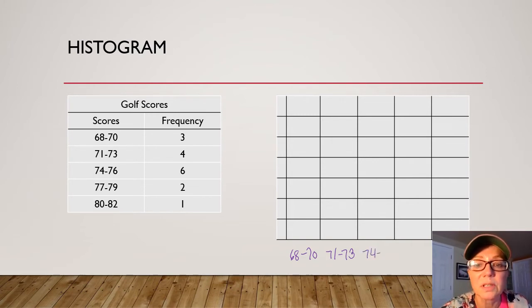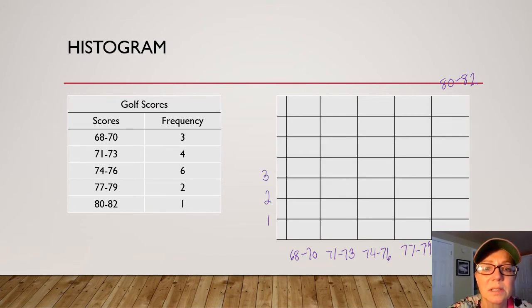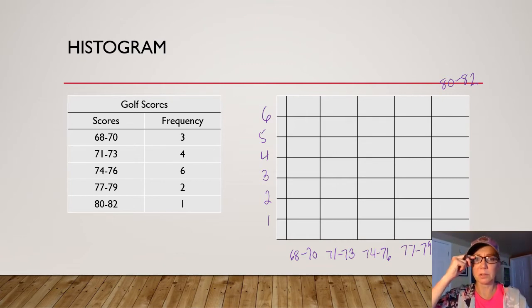So 74 to 76, 77 to 79, and I'm going to go ahead and put this up at the top only because my video is in the way. And now you just put the frequencies on the vertical axis. I have to go from 1 to 6. And then you color in your bars to make your histogram.